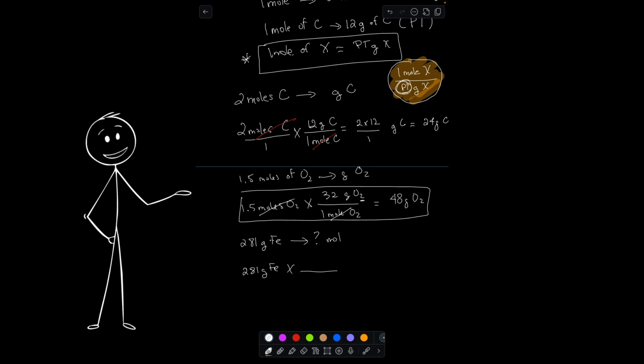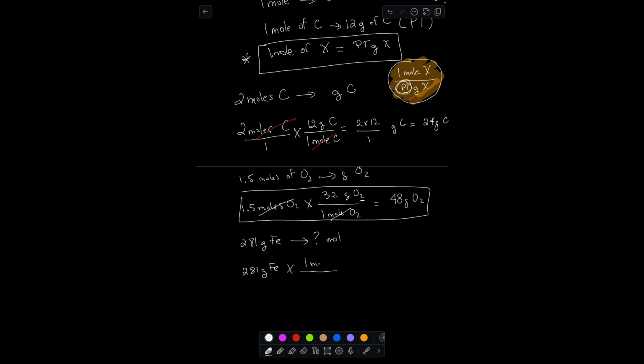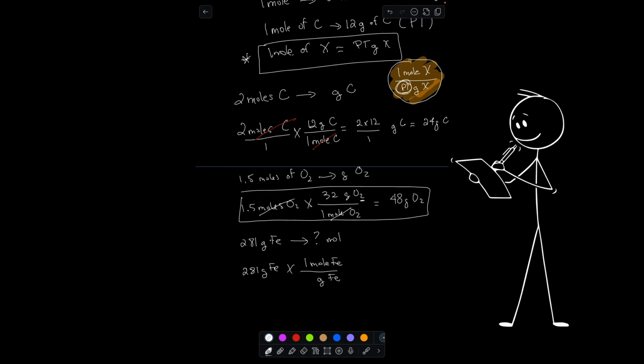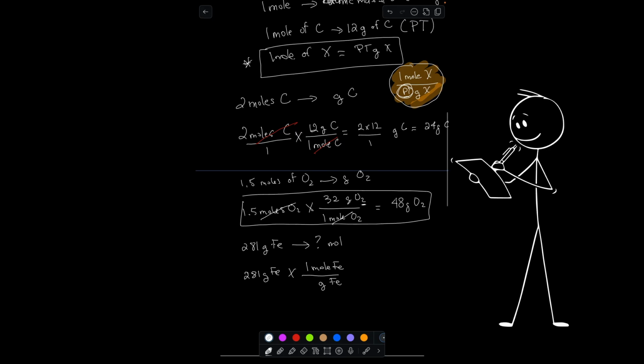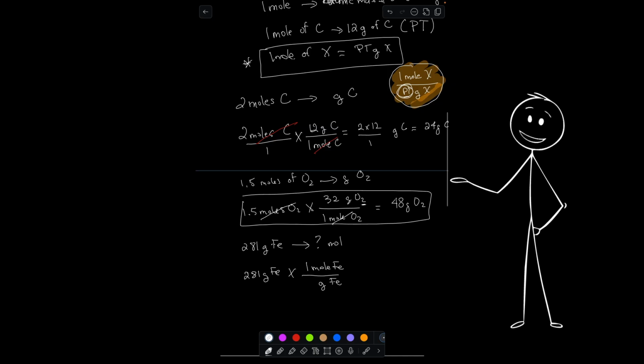You are correct. 1 mole of Fe should be at the top, and at the bottom I would have the grams of Fe, because that's what I want, right? Now, the grams of Fe are not given to us. Where do we find that information? That's right, we're going to look at the periodic table.